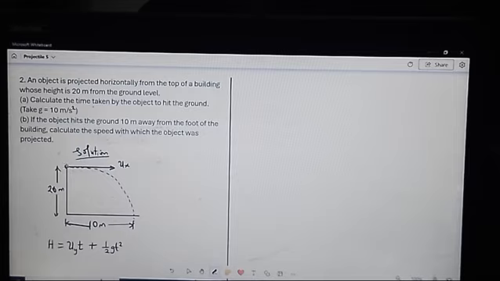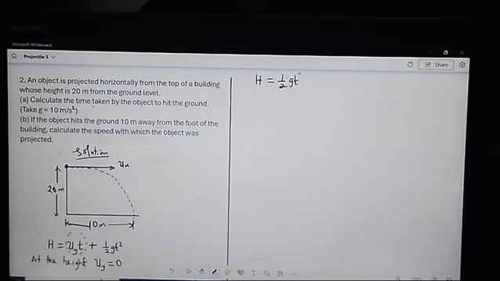At the top of the building, the initial vertical component of the velocity is 0. So we are left with h is equal to half g t squared, since everything in the first term automatically becomes 0.